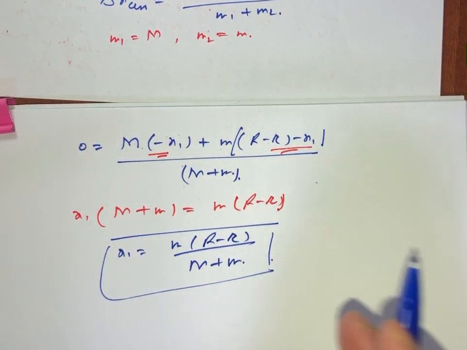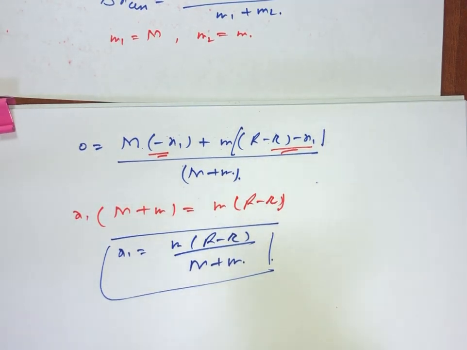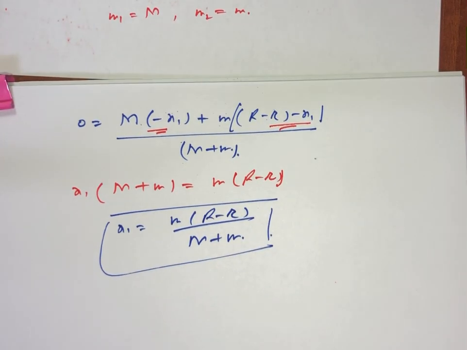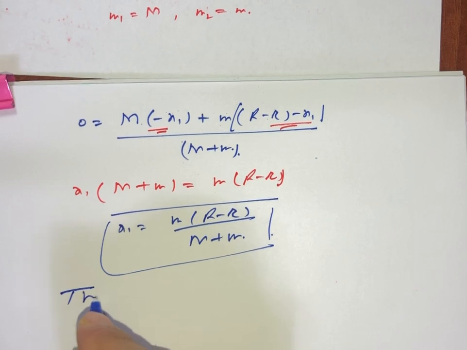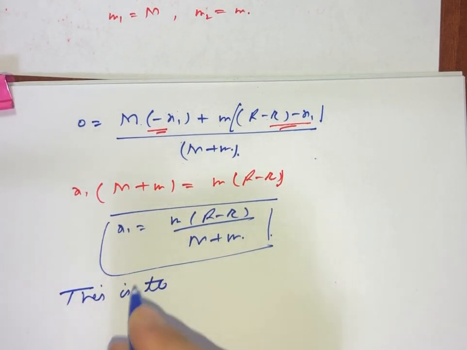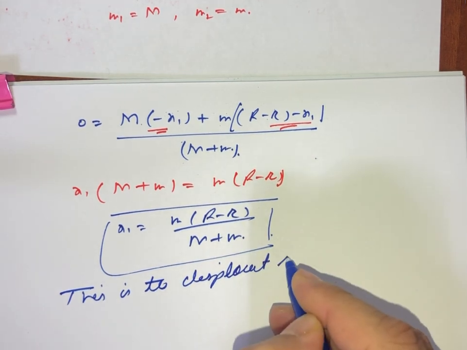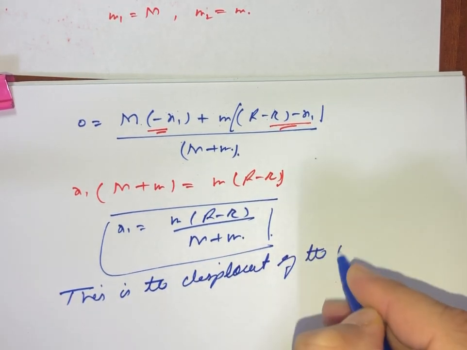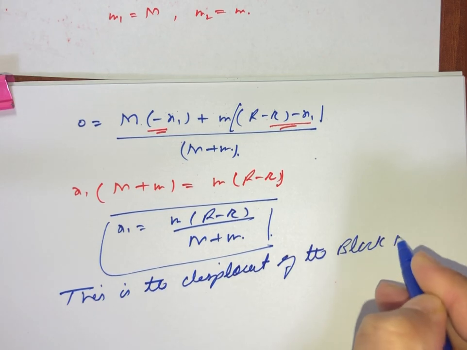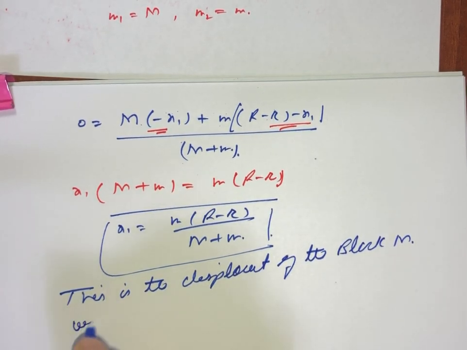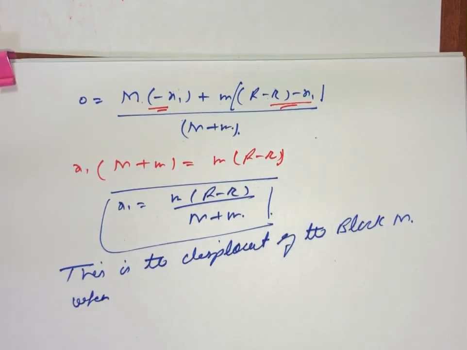So this is our displacement of the block capital M when the cylinder reaches point B, that is the bottom.